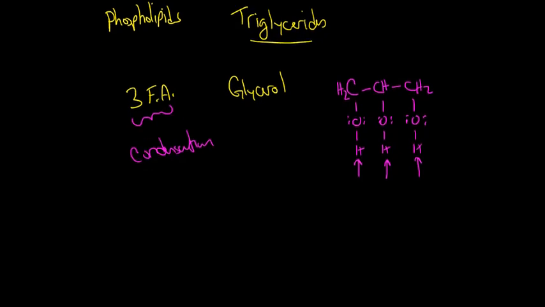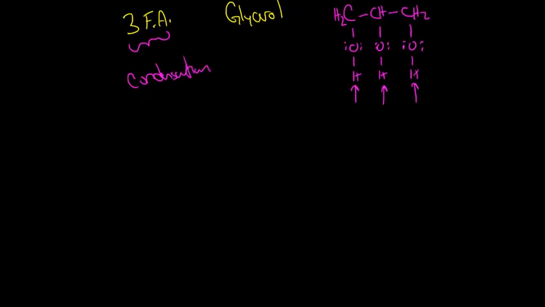So let's show what this ends up looking like, and then we'll show the 3 steps in a little bit more detail. What we end up with is our glycerol backbone. We still have the 3 oxygens from the alcohol, but each of these has been condensed with a fatty acid to form an ester. I'm going to abbreviate our fatty acid chain, or our carbon chain, as R, R prime, and R double prime.